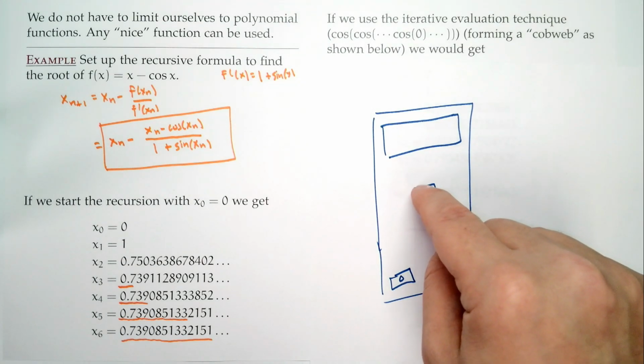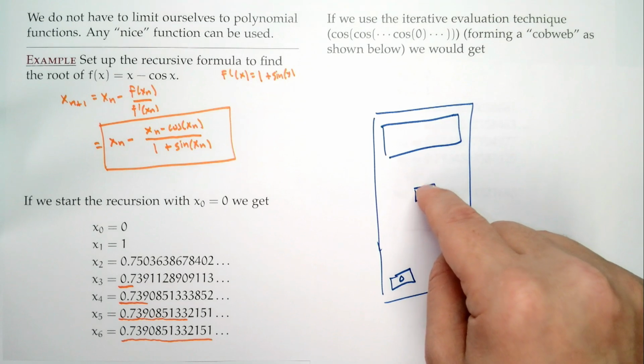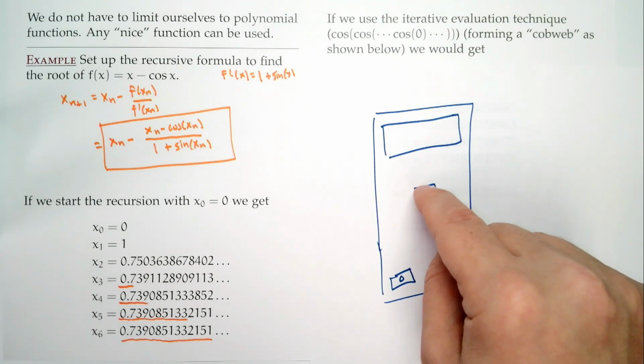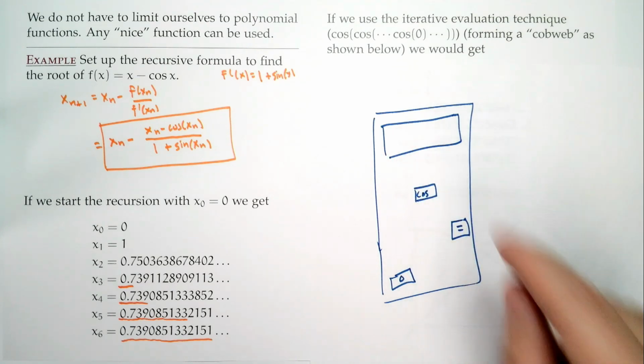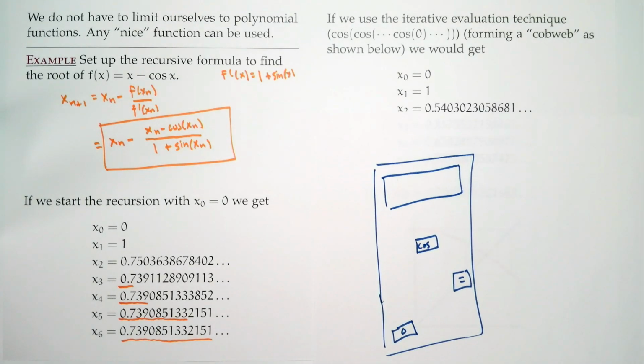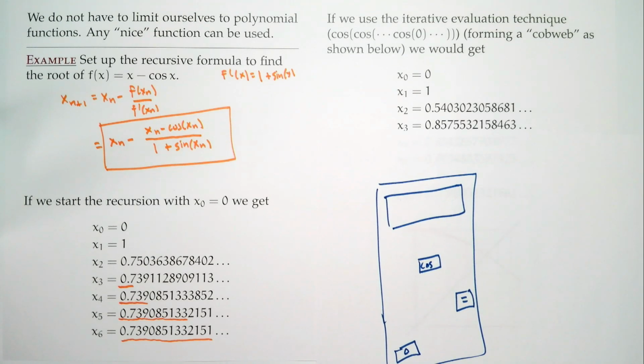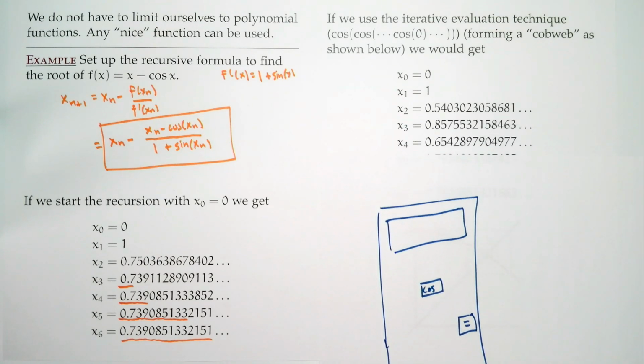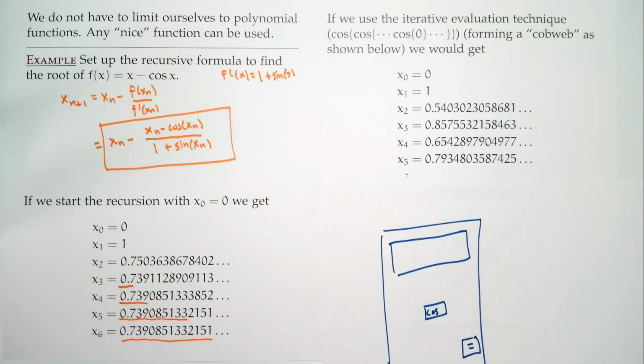If you were in high school, this may have been the most exciting thing you did in a math class. You'd start to look at your digits, and they do the following. You start with 0, then 1, 0.540, 0.85, 0.65, 0.79, and so on.